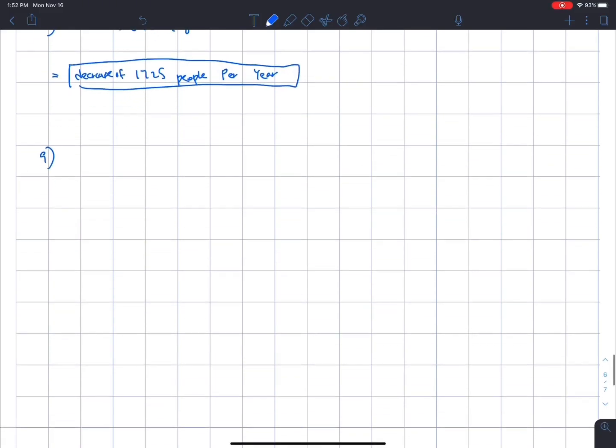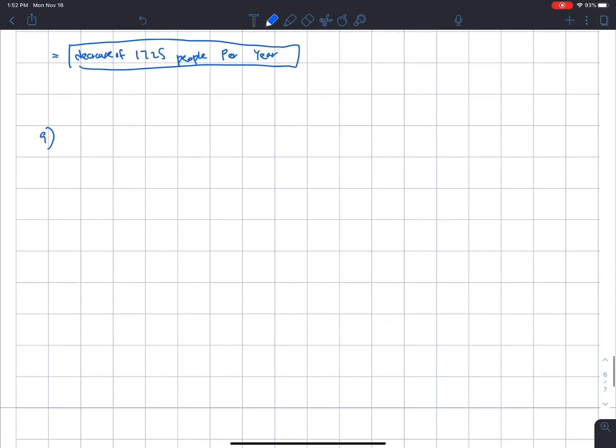Question 9. A skydiver's altitude decreased from 1,815 meters to 640 meters in 25 seconds. At what rate did his or her altitude change? Okay, altitude in math just means height. So the total change is going to be 1815 minus 640.